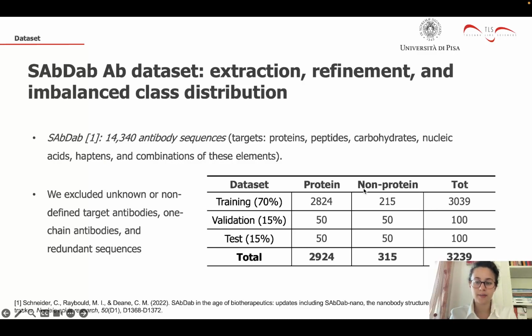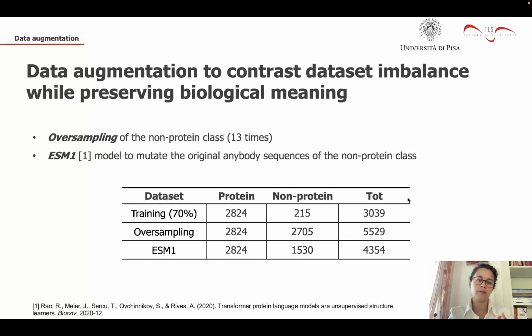Given this unbalanced nature of the dataset, we started from the non-protein class to split the training, validation, and test sets, maintaining the same number in validation and test for both classes. So the training dataset is unbalanced, and in this case, data augmentation is crucial. But the main problem here is to preserve the biological meaning of the sequence.